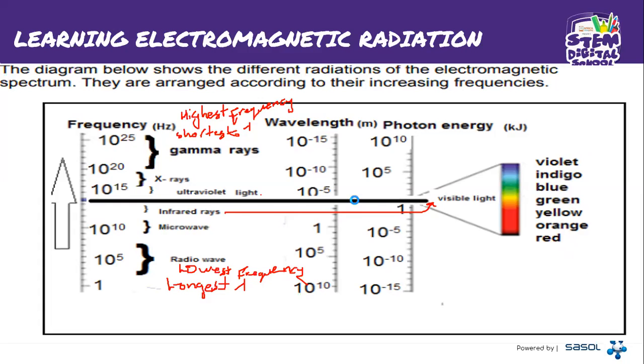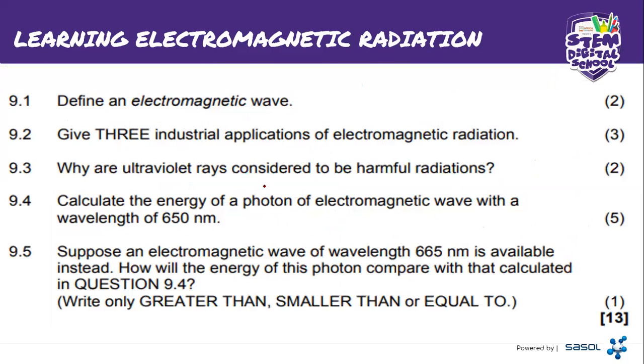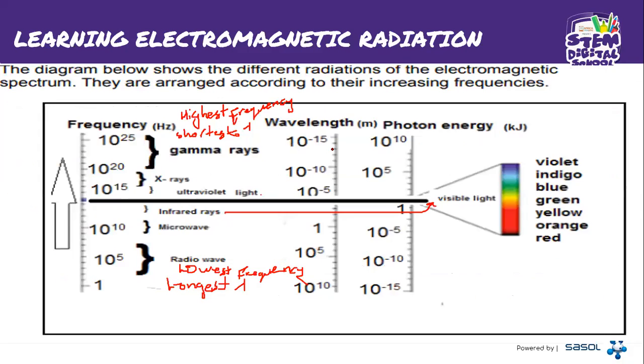Right, we go to questions. We are required to define an electromagnetic wave. Now, we all know by now, when we talk about an electromagnetic wave, we are talking about changing magnetic and electric fields that are mutually perpendicular to each other and to the direction of propagation of the wave, for 2 marks.